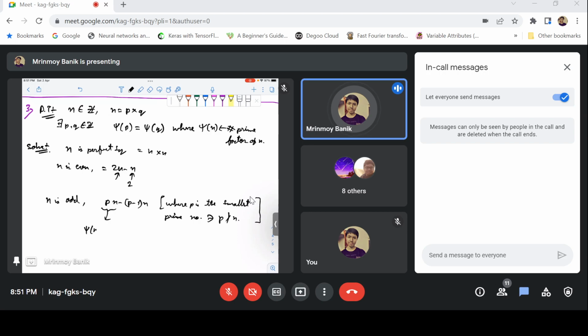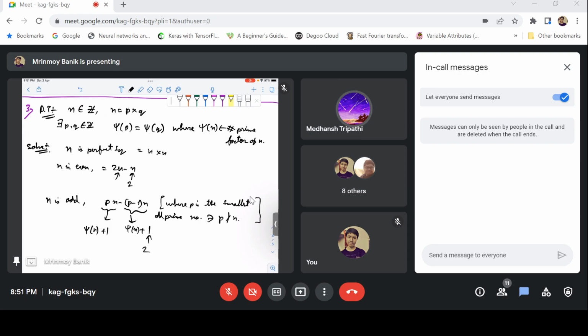This has psi n plus one number of factors. What about this one? This also has psi n plus one. Actually this is the smallest odd prime number such that p doesn't divide n. This is an even number, so we are getting 2 as the extra factor while the first term has p as an extra factor.